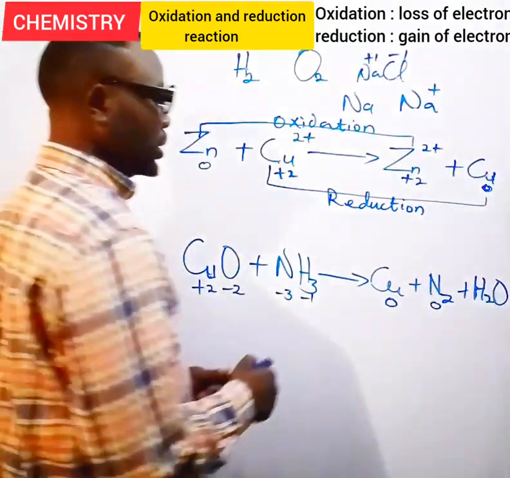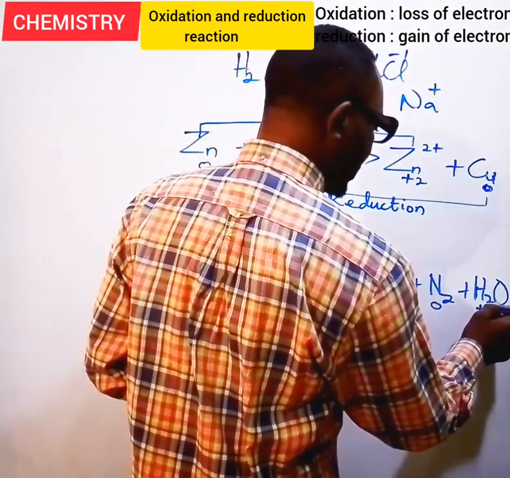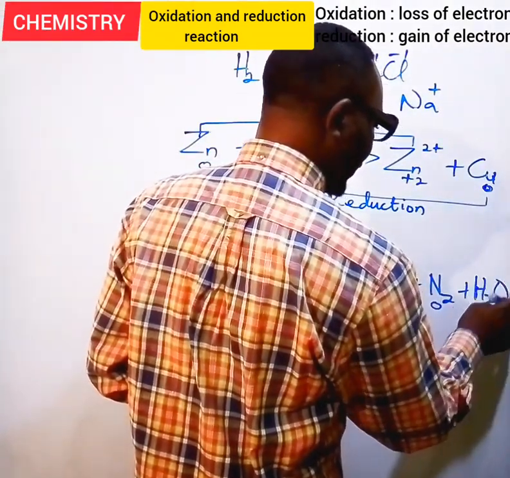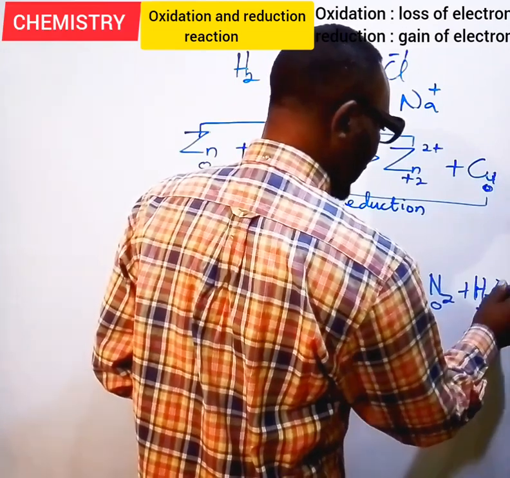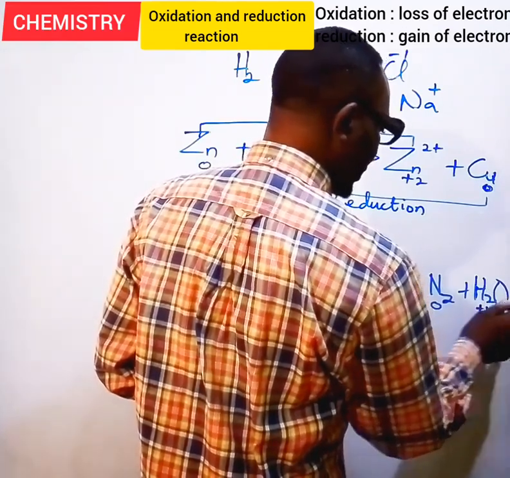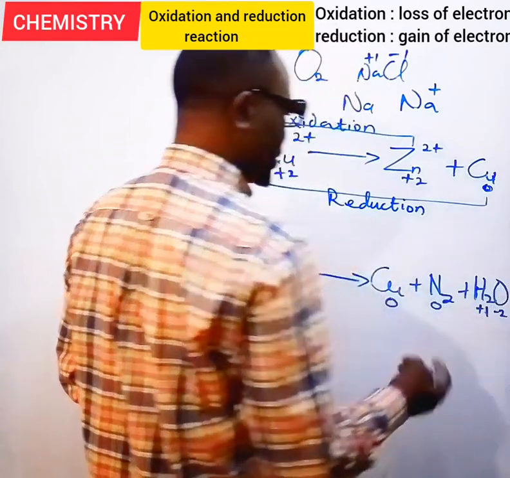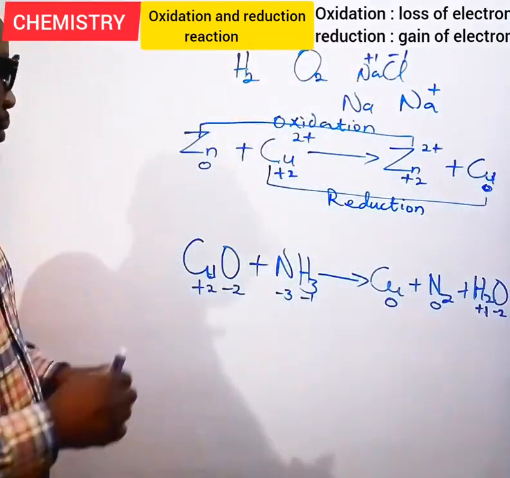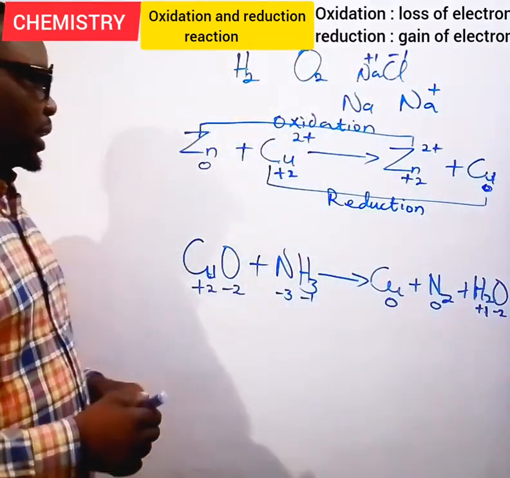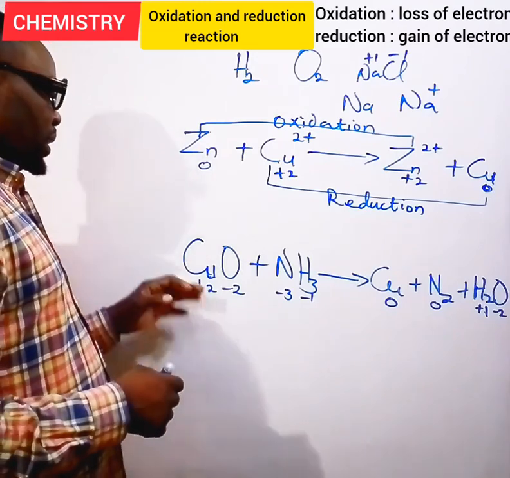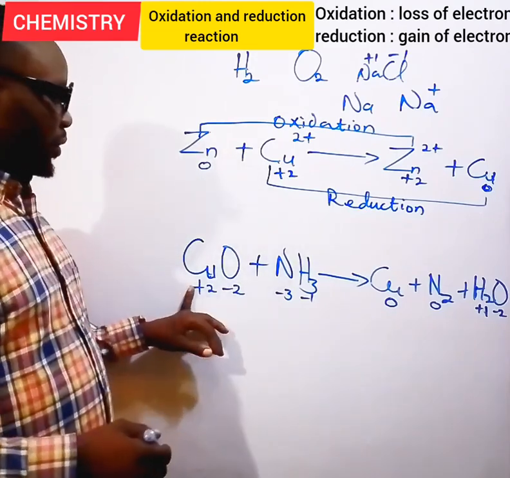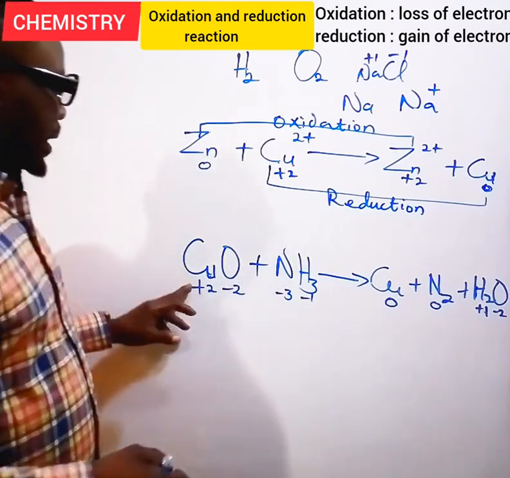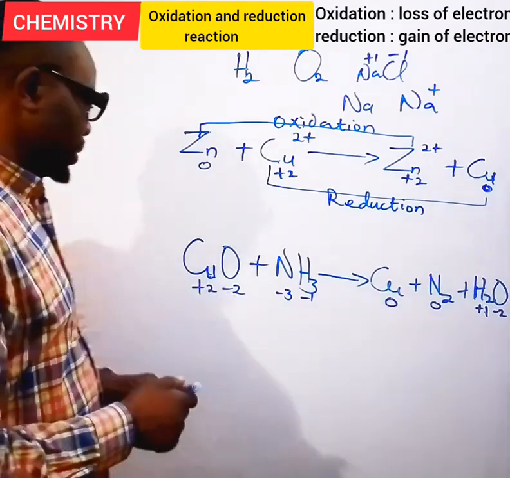And the oxidation number of hydrogen here is +1, sorry, and that of the oxygen here is -2. When you have +1 times 2, that's 2 of it. Now, you will discover that the oxidation number of copper here has reduced.